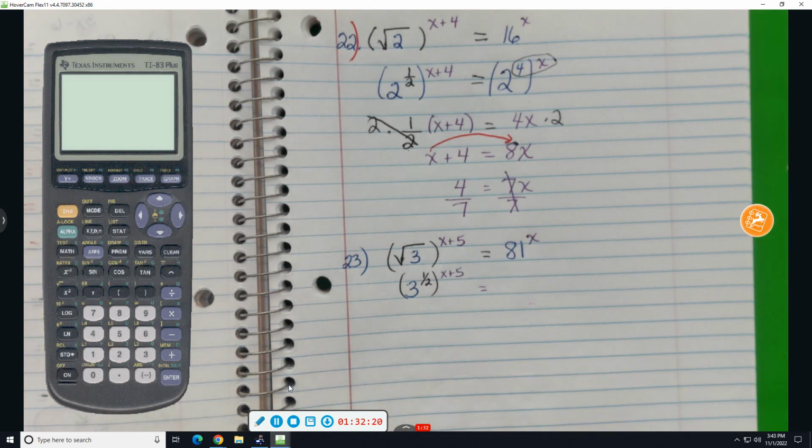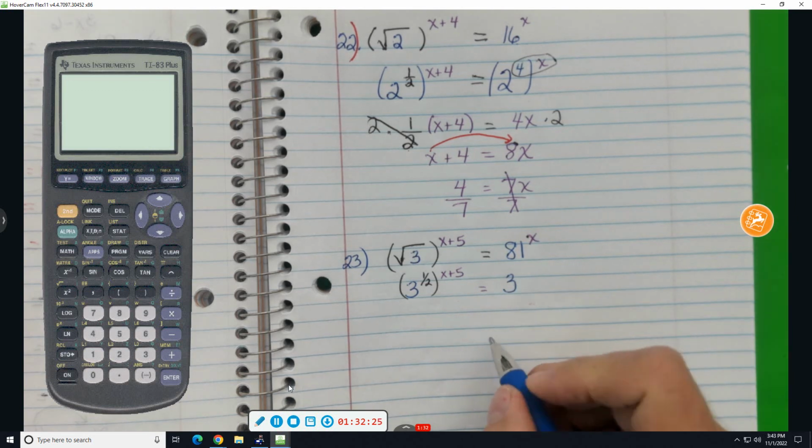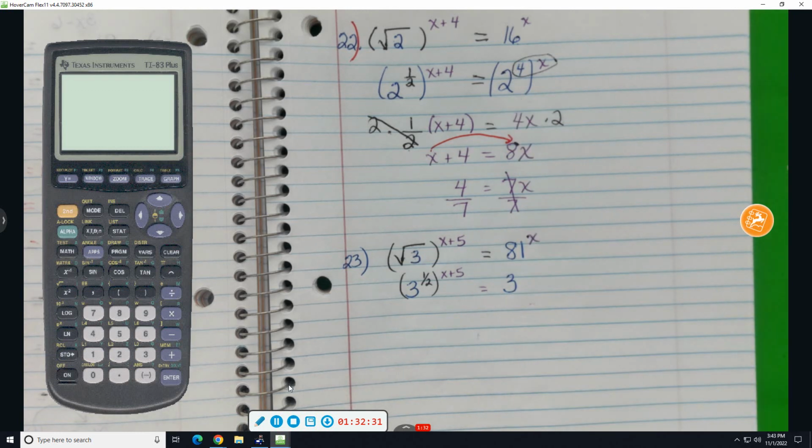For 81, how many 3's do you have to multiply together to get 81? Is it 4? Let's multiply our 3's together. 3 times 3 times 3 times 3.